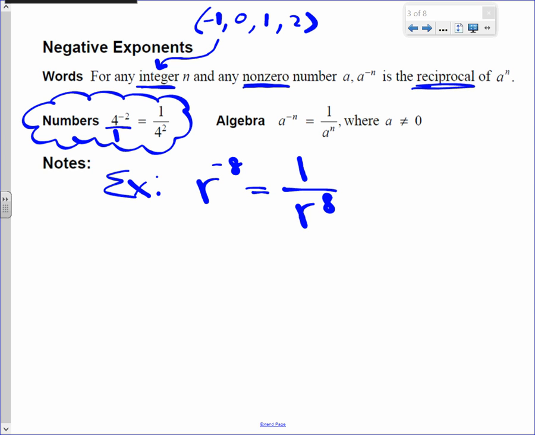Here's another example. What if you have 1 over A to the negative 7th?